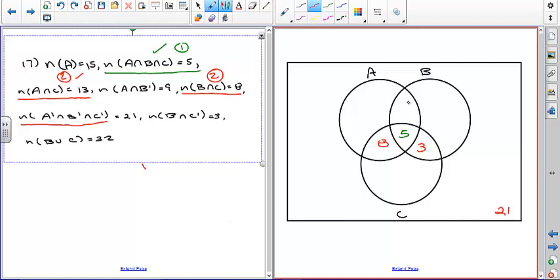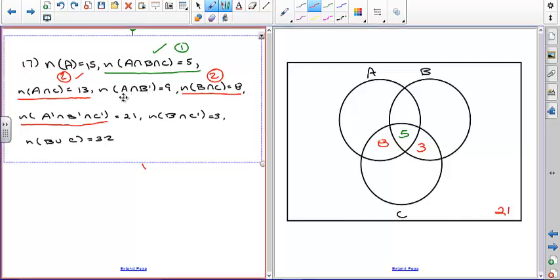Now, remember what this is. Let's just see if we can figure out what these are. The intersection of A and B complement is the same as A minus B. So if we took A and we subtracted B, it would leave just these 2 parts.